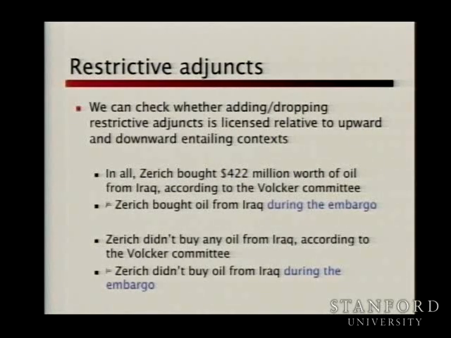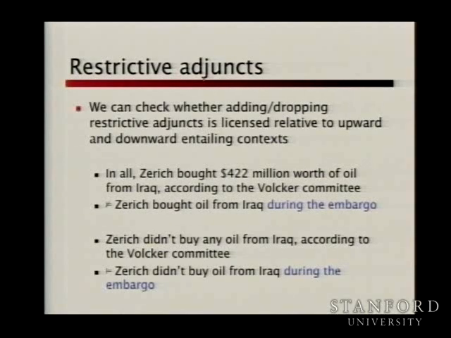Because since you're in this negative downward entailing context, you can add a specification to the hypothesis, and that's necessarily true because the broader hypothesis, Zarek didn't buy any oil from Iraq, is true. And so you get this funny reversal that in general it's bad to have stuff in the hypothesis that you can't match to the text. But once you're in this kind of downward entailing negative context, then it is okay to add stuff.